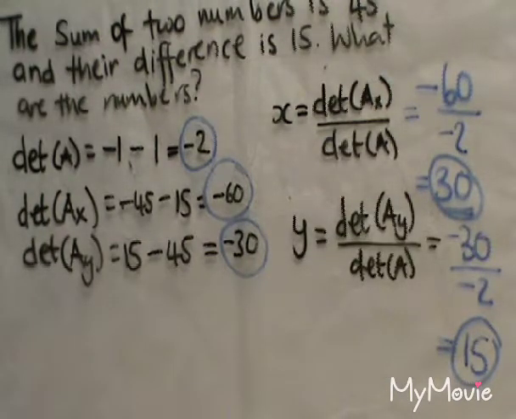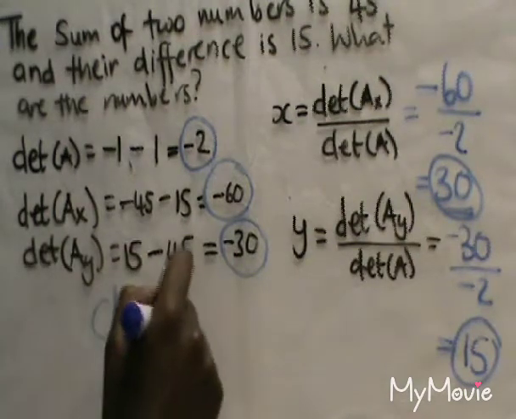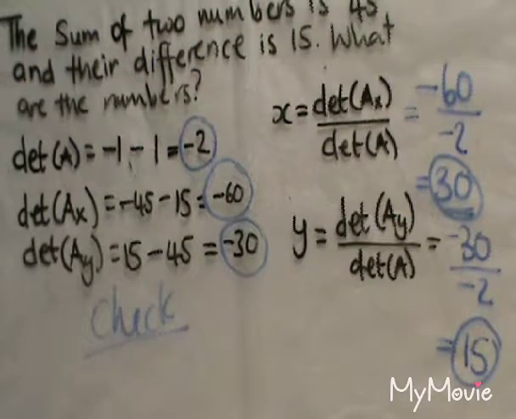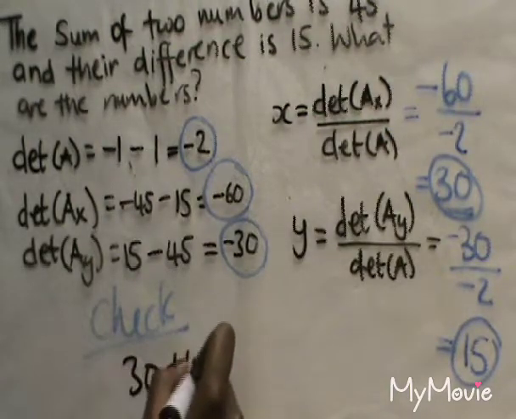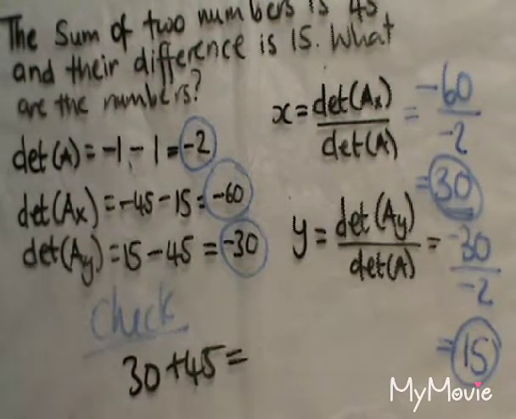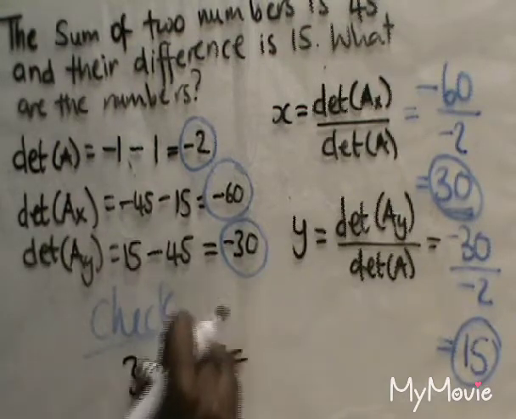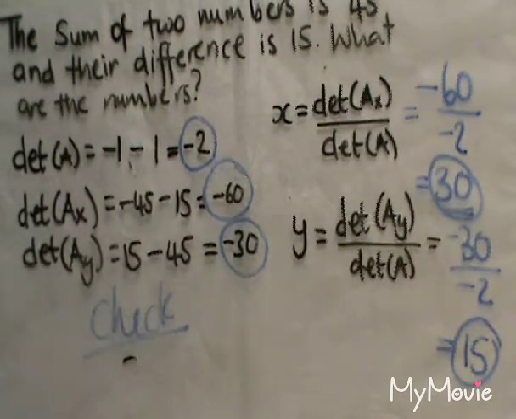So it's always good to check your solutions if they work. From the question, it said that the sum of the two numbers is 45, so I will check. So this is me doing my check. This I would normally just do on my calculator and make sure that it is correct. So I will say x plus y, the sum, so 30 plus 15, because my two numbers, x and y, are 30 and 15.